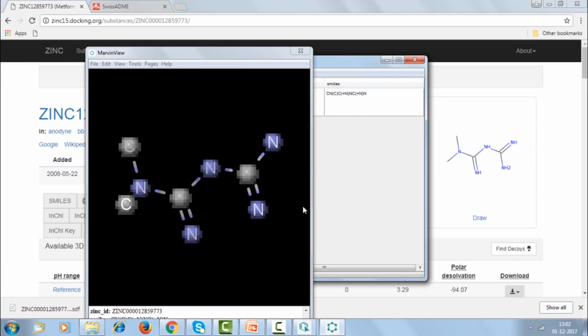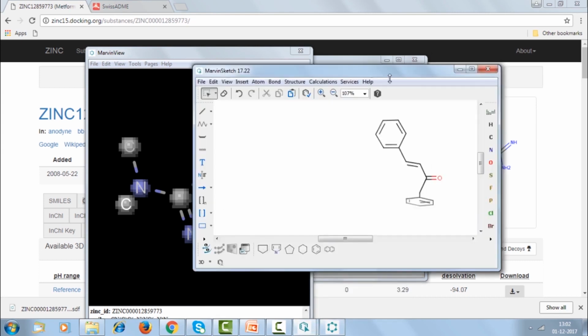We can then use these 3-dimensional structures for other calculations. Suppose later on I want to do pharmacophore studies, I can do that. And the beauty of it, I can draw the structures using this sketch pad and then take it for 3-dimensional conformation analysis.